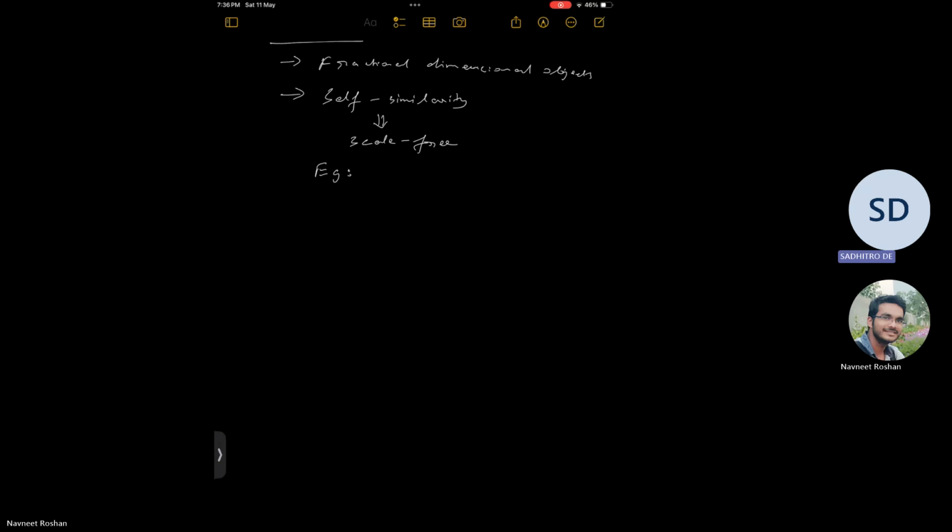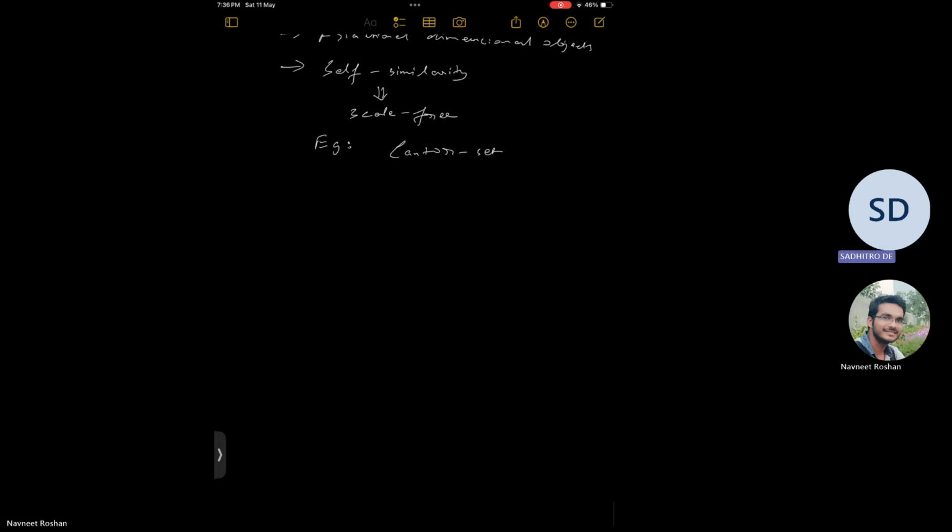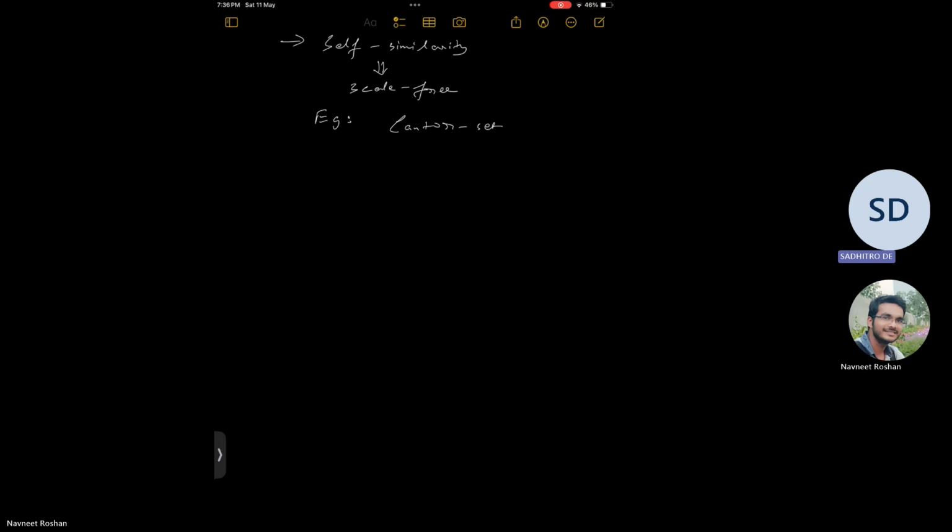So let us start off by drawing such an object, which is known as a Cantor set. A Cantor set is the simplest one-dimensional fractal one can think of, but mathematically it is a very interesting object. So suppose you have a line like this from 0 to 1. In the next step, you remove the middle third of the line.